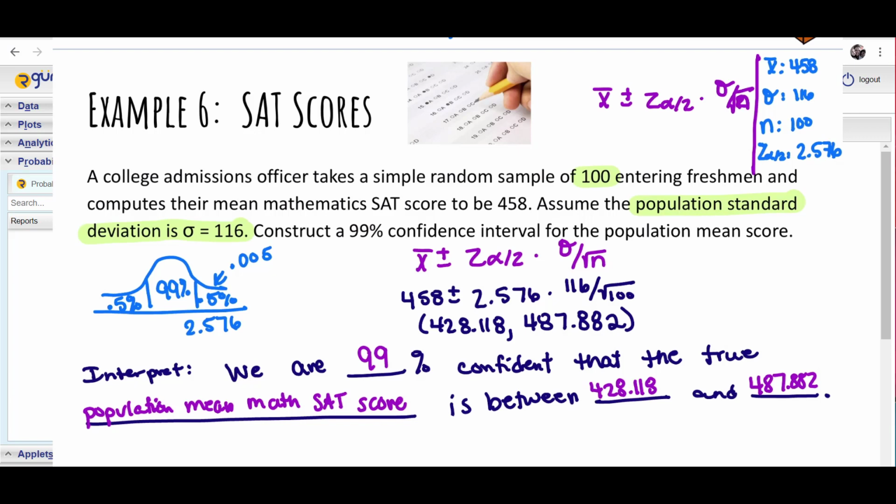That's really all you need. So looking at this, it's the SAT score one. The sample is of 100 people. Standard deviation of the population is 116. Sample mean is 458. Confidence level is 99%.